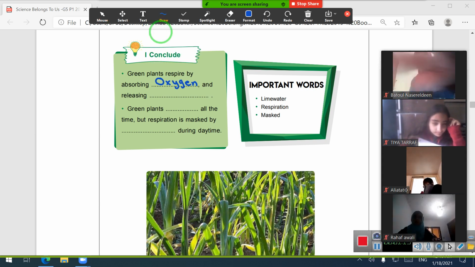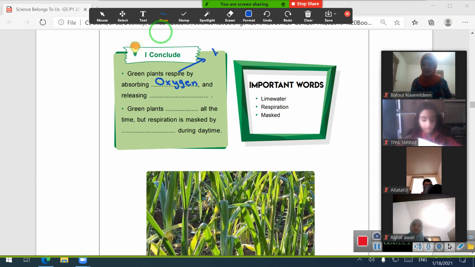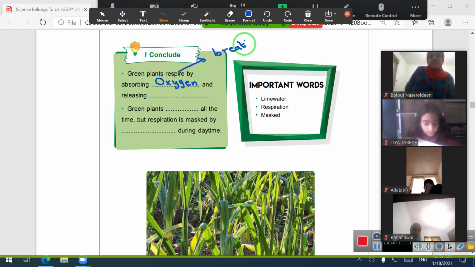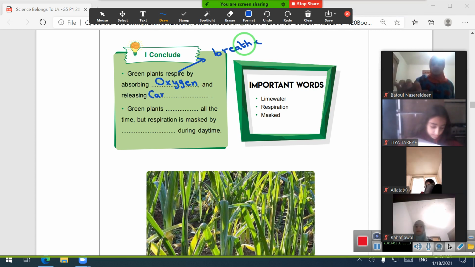Green plants respire or breathe. Respire means also breathe, by absorbing oxygen and releasing carbon dioxide.